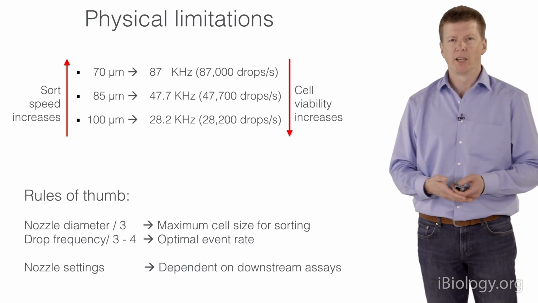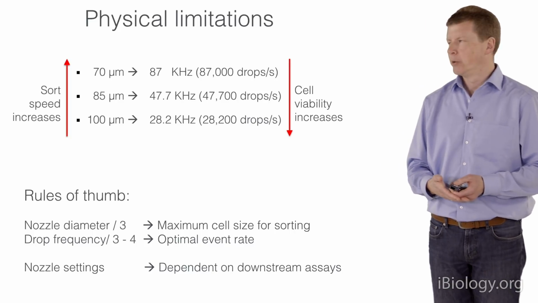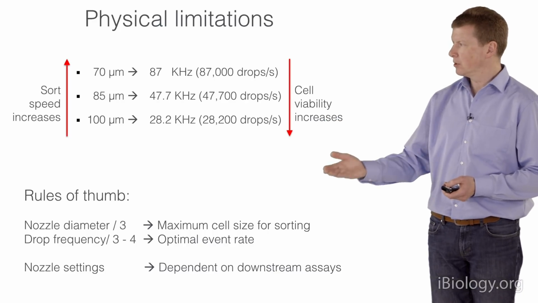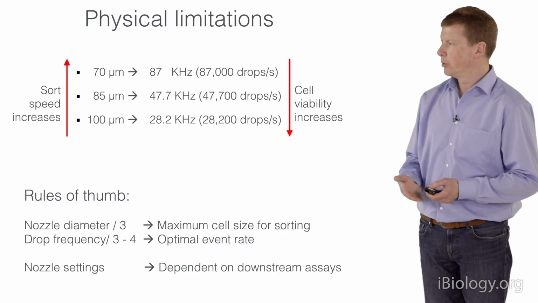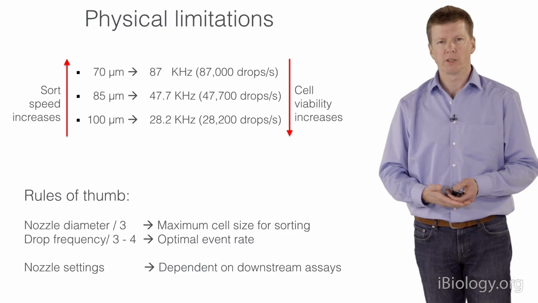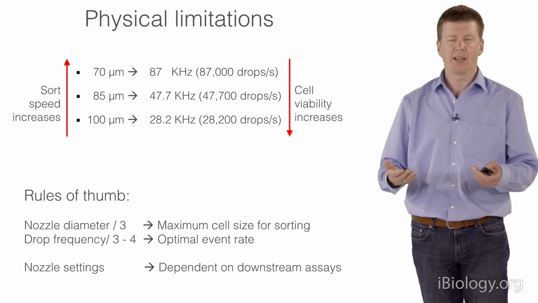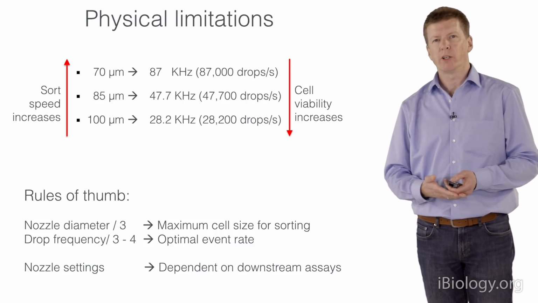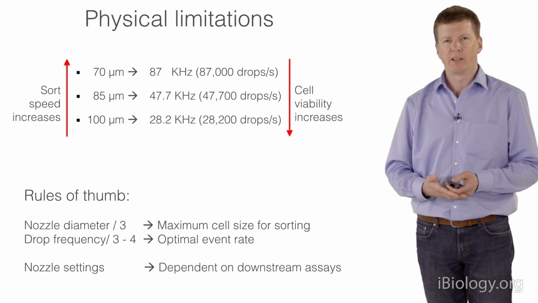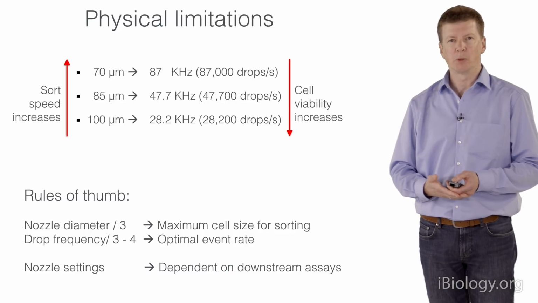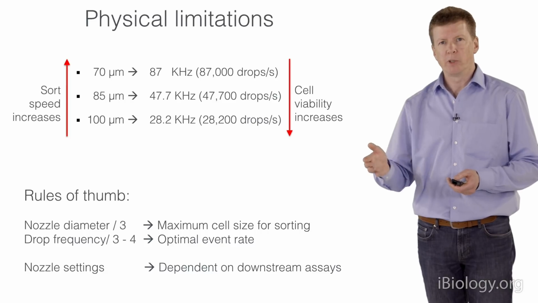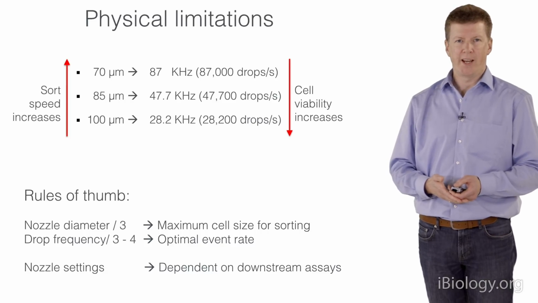To summarize some of these features, we can come up with some rules of thumb. For example, cell size matters, and it should not exceed 1/3 of the nozzle diameter. Otherwise, the shear stress becomes more important and the cells start dying sooner after sorting, and the side stream will not be as stable as possible.